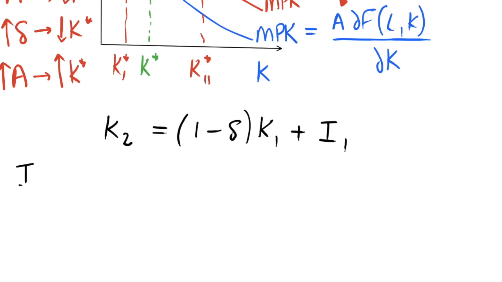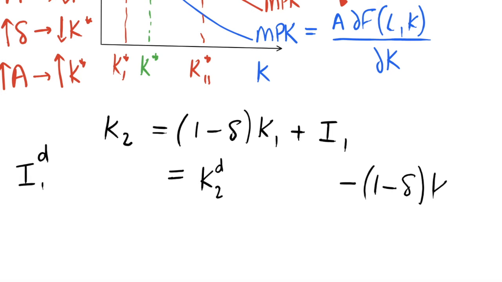So let's rearrange this term so that we get investment 1 on its own on one side, and we're going to call this investment demand. Well, this is going to equal our demand for the capital stock in period 2 minus our depreciated level of capital stock in period 1.